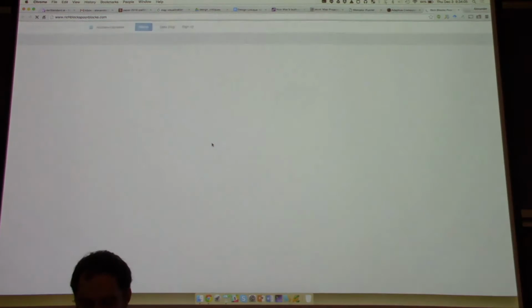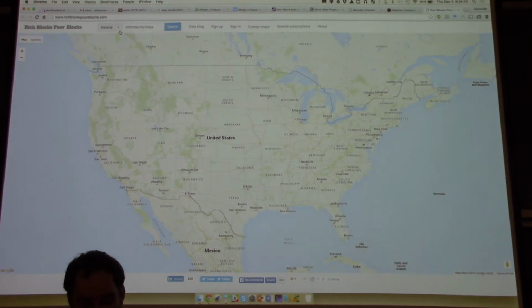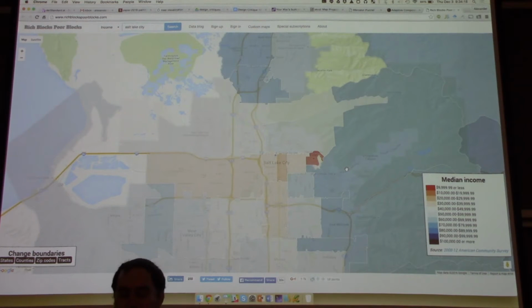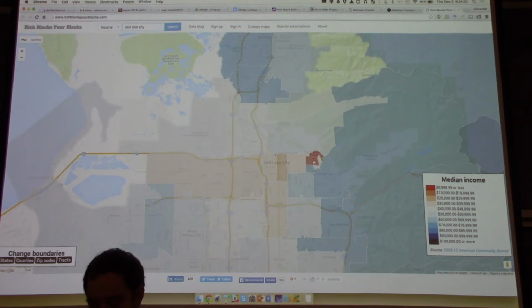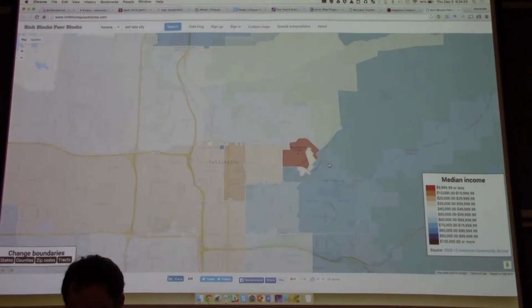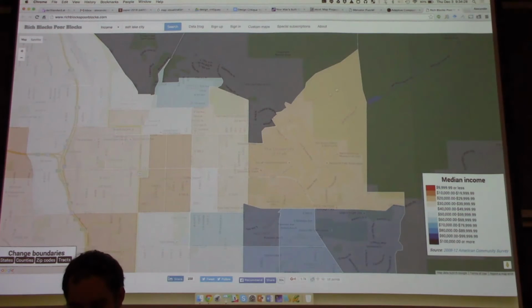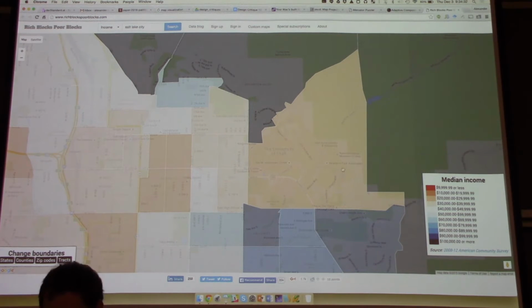This is an interactive map where you can dynamically map things, like, let's try Salt Lake. So you can see what the median income is in which area. So you can see, wow, people around the University of Utah seem to be pretty rich. But I guess that's also because not a lot of people live in this. No, that's really poor. Oh, it's really poor. So that's students.